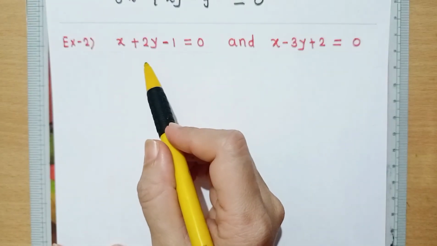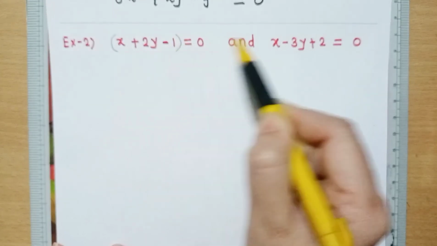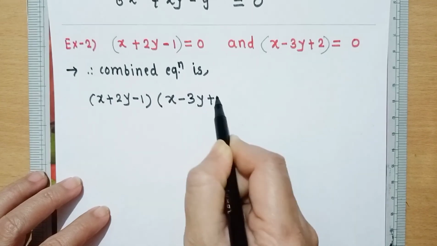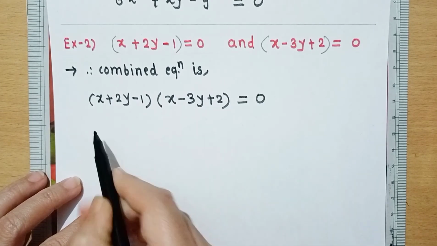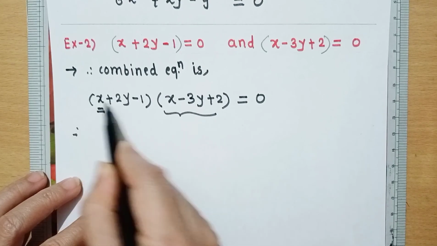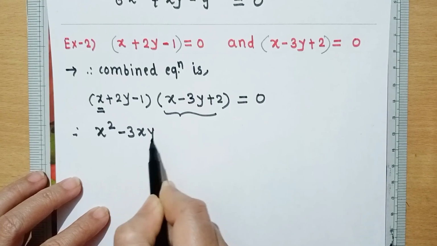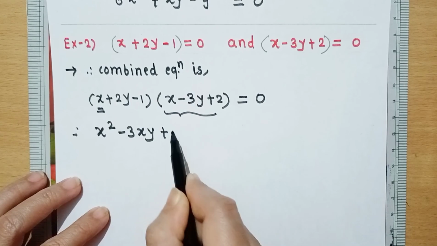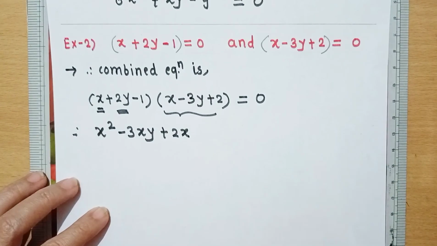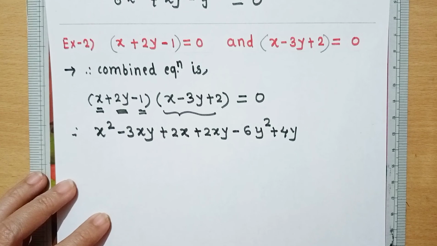This is our second example, and to find the combined equation of this, we will multiply this bracket and this bracket equal to 0. Now multiply x to this whole bracket, and therefore we have x into x, x square, then minus 3xy, then 2 multiplied by x, 2x, then multiply 2y to this whole bracket, then multiply minus 1 to this whole bracket.